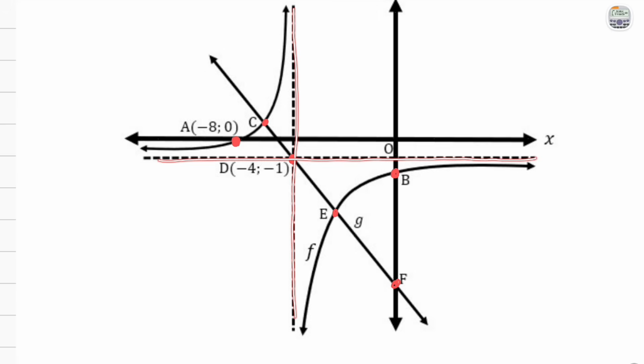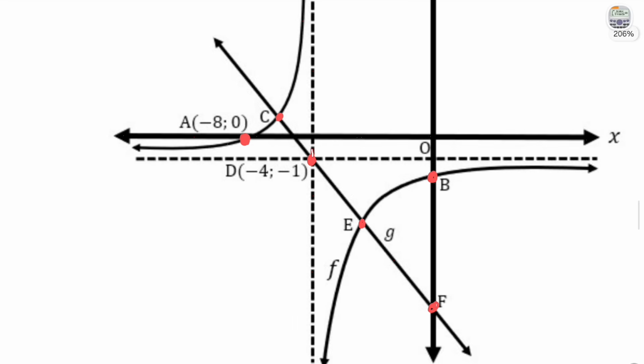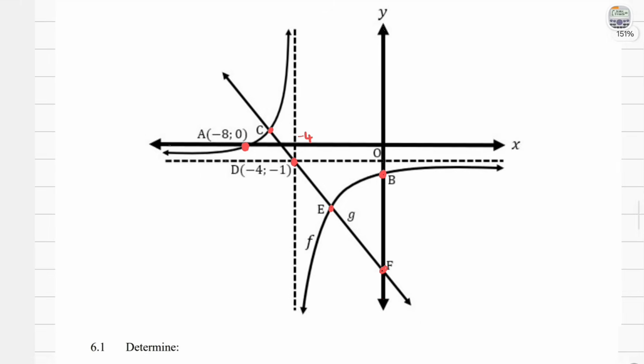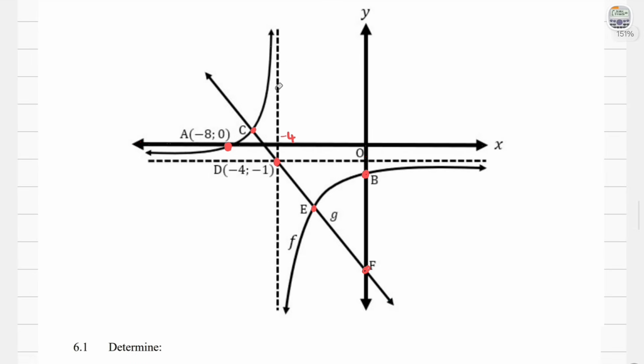So if the asymptotes intersect at negative 4 and negative 1, all that means is this x value over here is negative 4. Okay, so that's negative 4, meaning this vertical asymptote passes the x value of negative 4 on the x-axis. So its equation is x equals negative 4. And then the y value is negative 1, meaning that y value over there, that's negative 1. And so this equation is y equals negative 1.